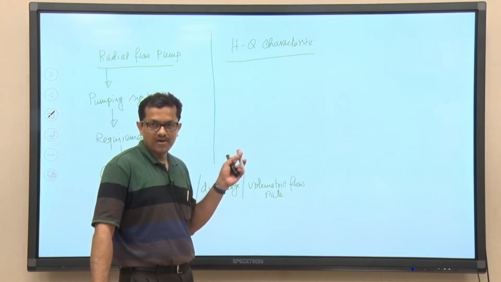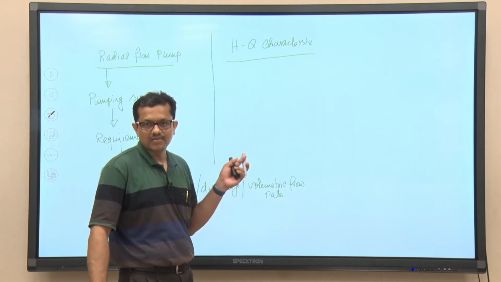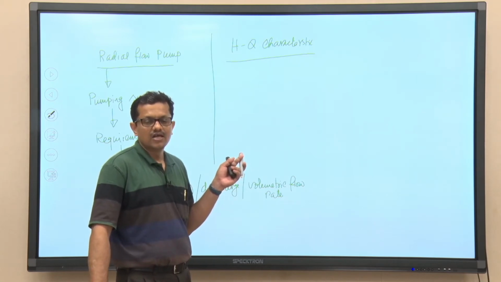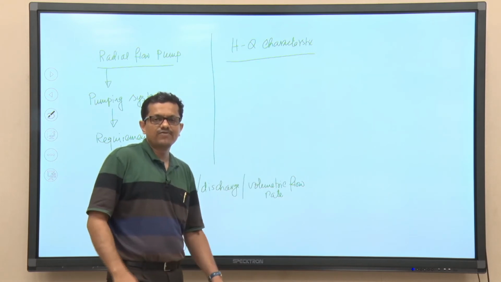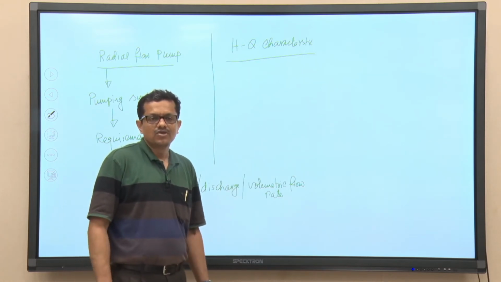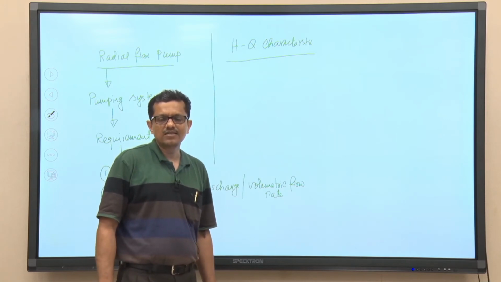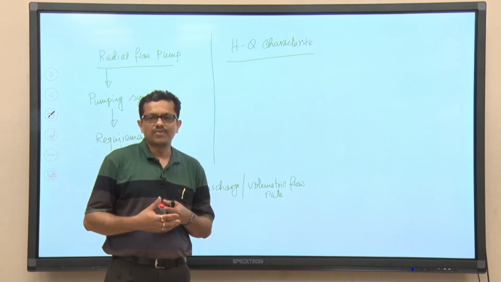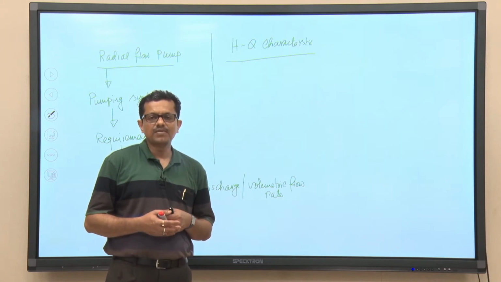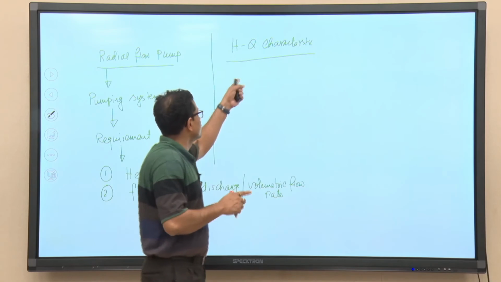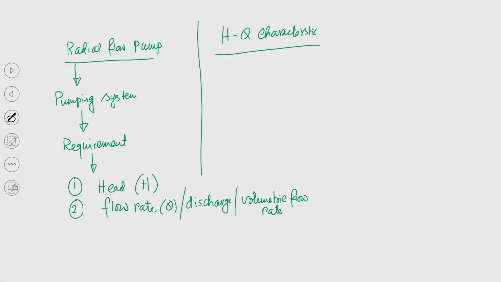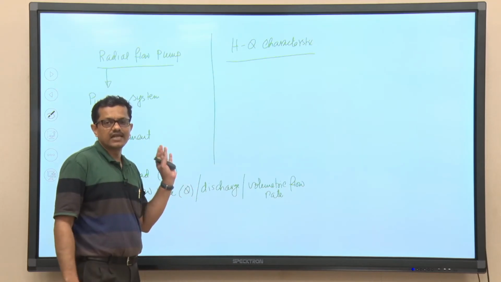Now, the pump supplier is not the pump designer. The pump supplier will be, say, any particular manufacturing industry. That manufacturing industry will again consult with the pump designer, and then the pump designer will be able to provide this H-Q characteristic curve, and looking at that characteristic curve, the end user or the system designer will select the pump.